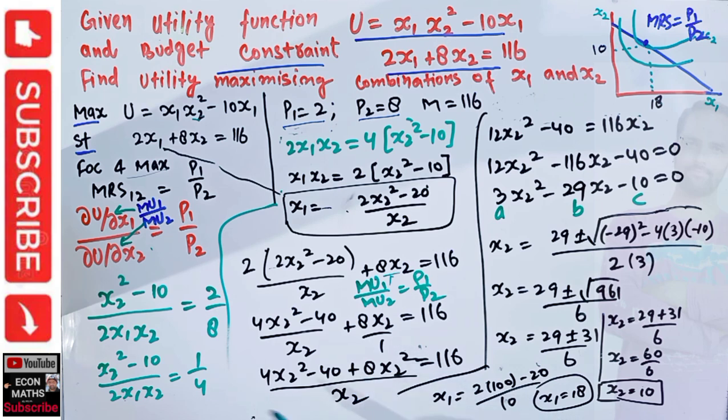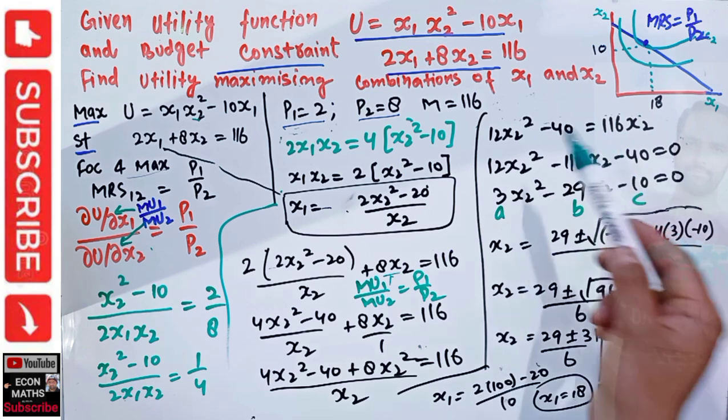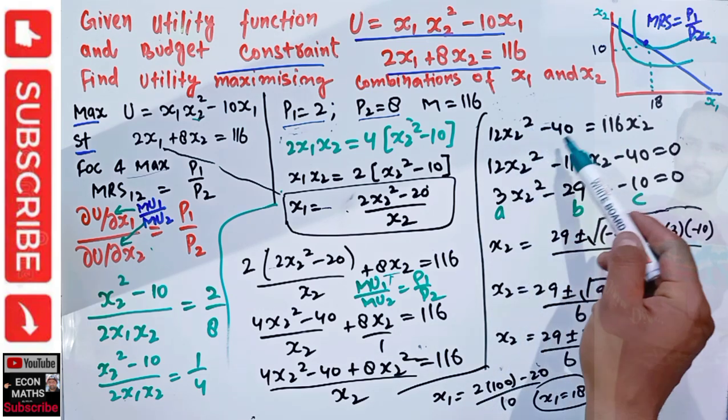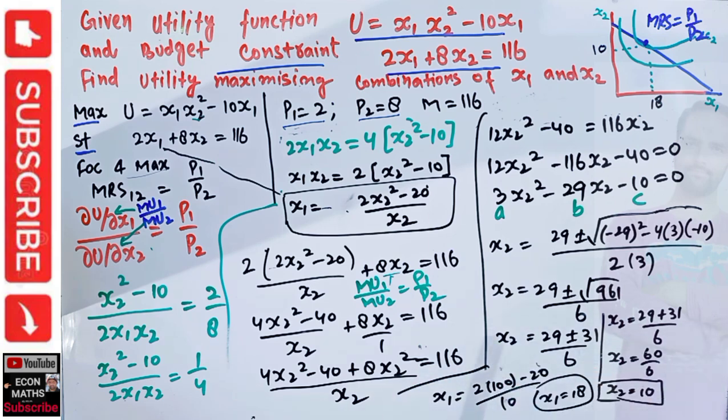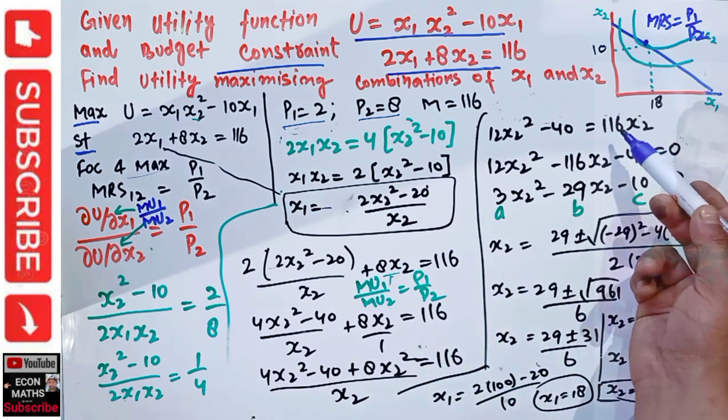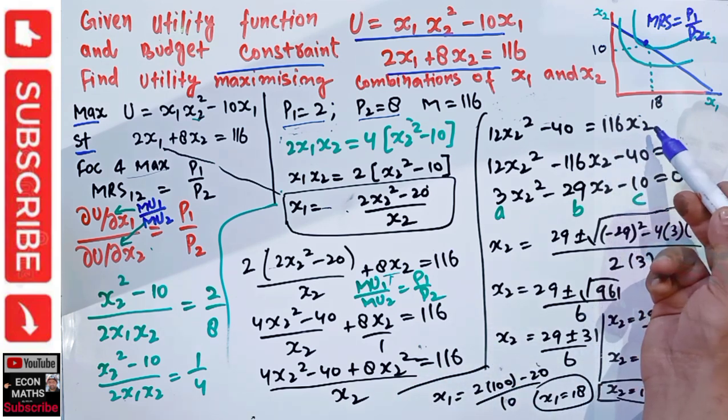Cross multiplying, we get 4x2 squared minus 40 plus 8x2 squared, which gives us 12x2 squared minus 40 equal to 116x2.